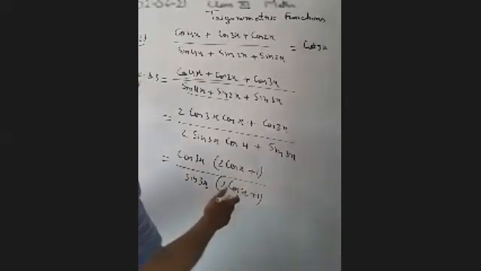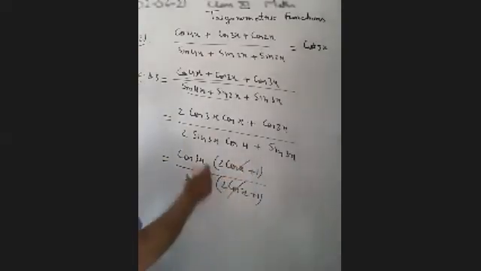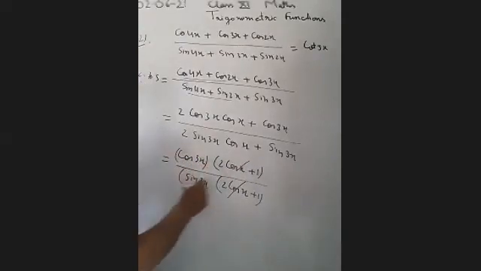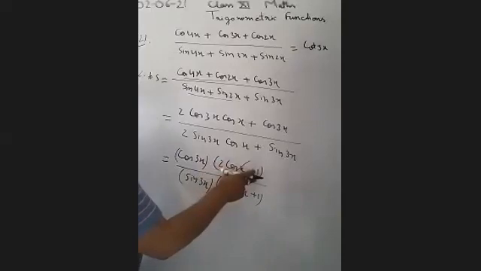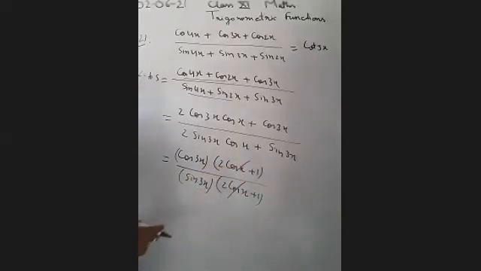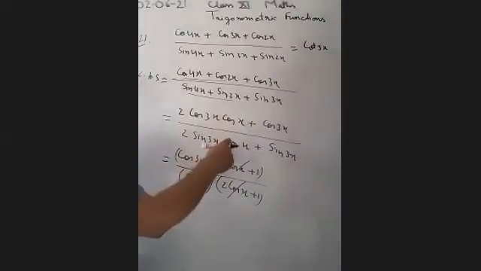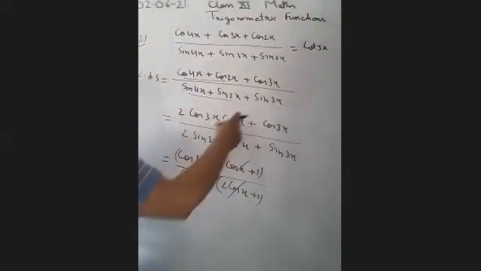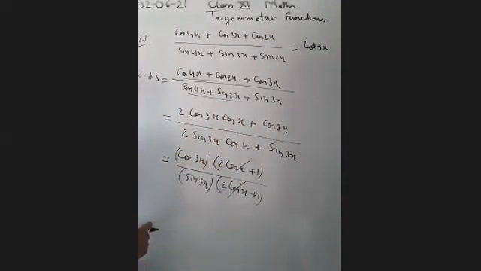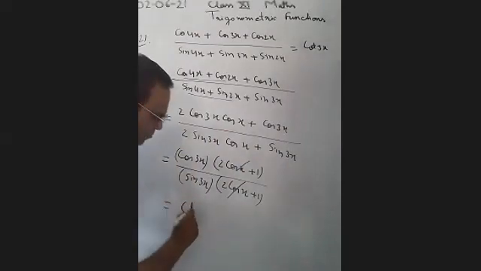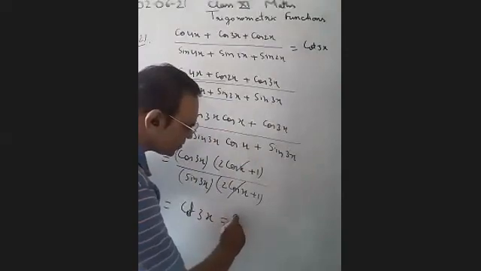Now these two terms are in multiplication. If terms are written in product, we can cancel, but if the terms are in plus or minus, we cannot cancel. So here we can cancel 2 cos x plus 1. Then cos 3x divided by sin 3x gives cot 3x, which is equal to the right hand side.